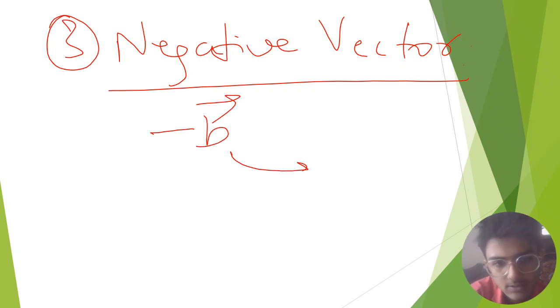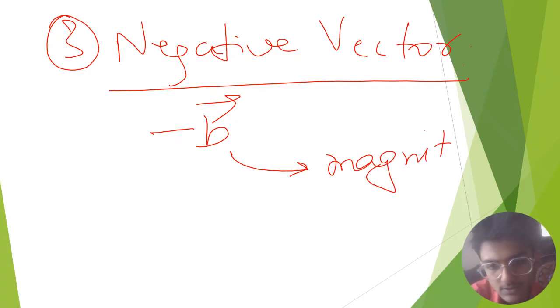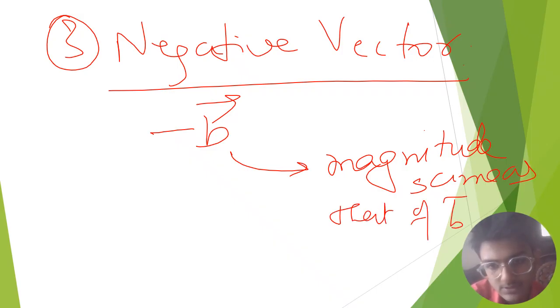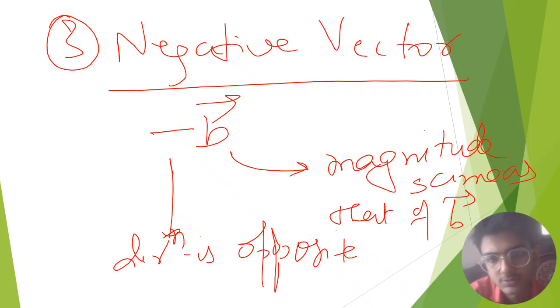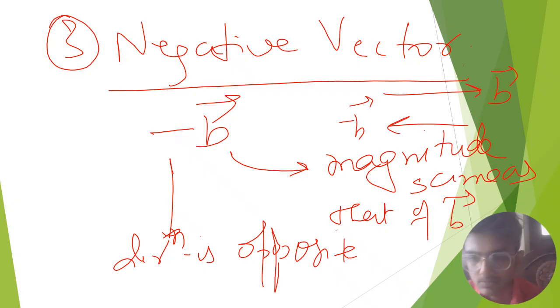It means it has magnitude same as that of b vector, but direction is opposite. Like suppose this is b vector, so this will be minus b vector. Magnitude will be same, direction will be opposite.